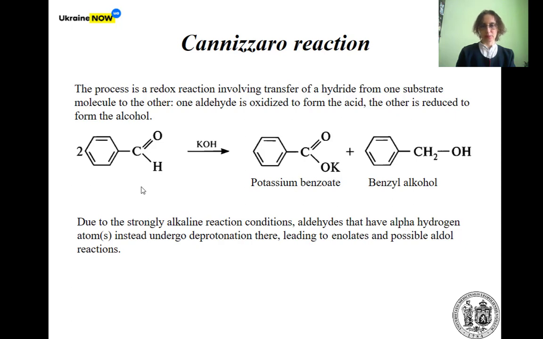This reaction is possible for formaldehyde and for aliphatic aldehydes, but those that are substituted at alpha position and don't have hydrogens there. Because in another case, in the alkali medium that we use for this reaction, we can observe aldolic or crotonic condensation.